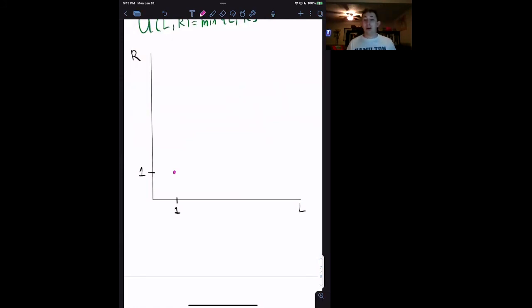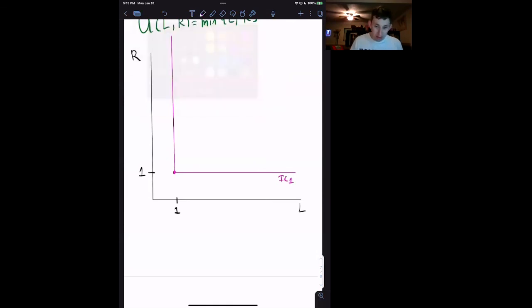So what is one pair of shoes? One pair of shoes is one left shoe and at least one right shoe, or one right shoe and at least one left shoe. So that is the indifference curve for utility 1.